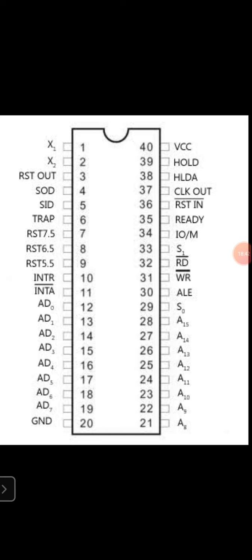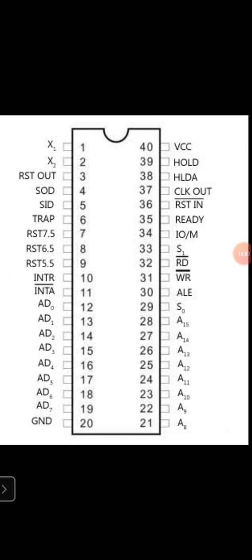Next, its operating voltage is plus 5 volts only, VCC. VCC is the power supply voltage. The 40th pin is VCC. And next, the 20th pin is ground.